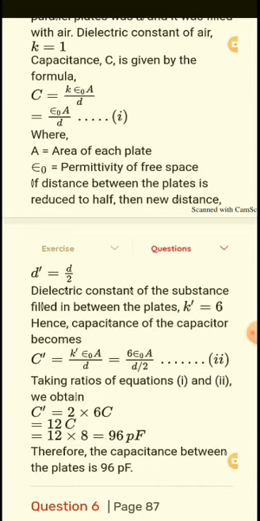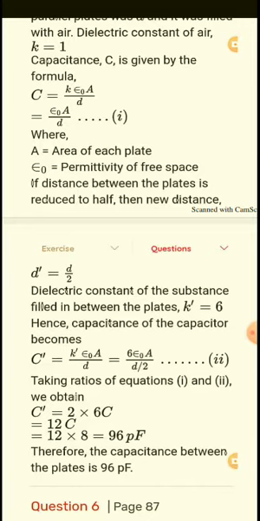The 2 will go upwards. Epsilon naught A and epsilon naught A will get cancelled, D will also get cancelled. The remaining thing we are having is C dash is equal to 2 into 6C, so 12C.